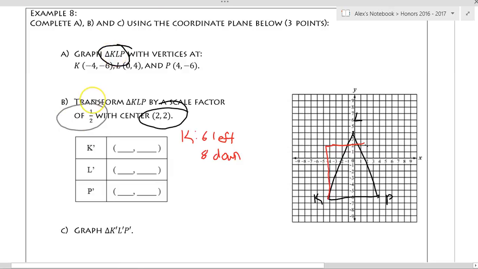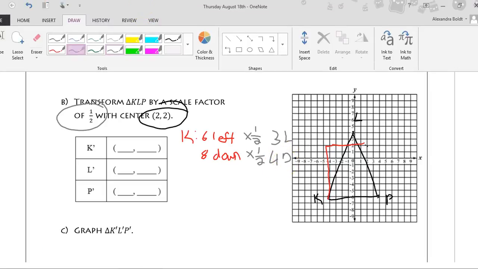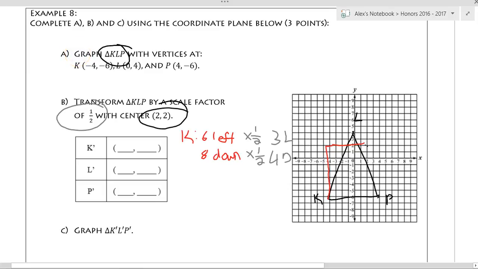And then my scale factor is 1/2. So that's what I'm going to multiply by. So 6 times 1/2 is 3 left. 8 times 1/2 is going to be 4 down. I'm just putting the first letter of the direction to save some space. Then for L, L is here.